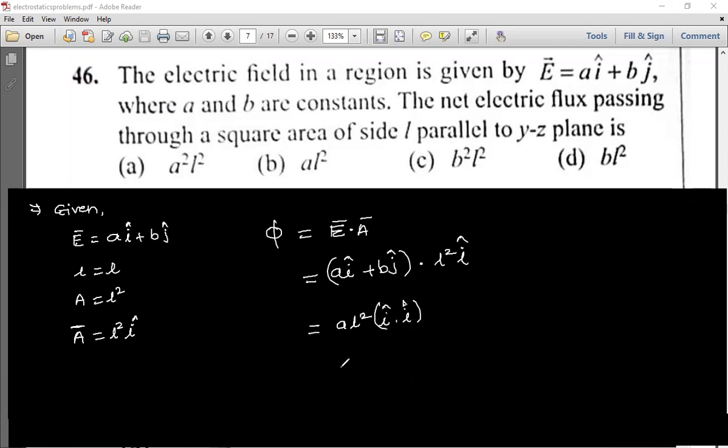I cap dot I cap is 1. Therefore, your flux should be how much? A L square. Clear? Understood. So your option should be option number B.